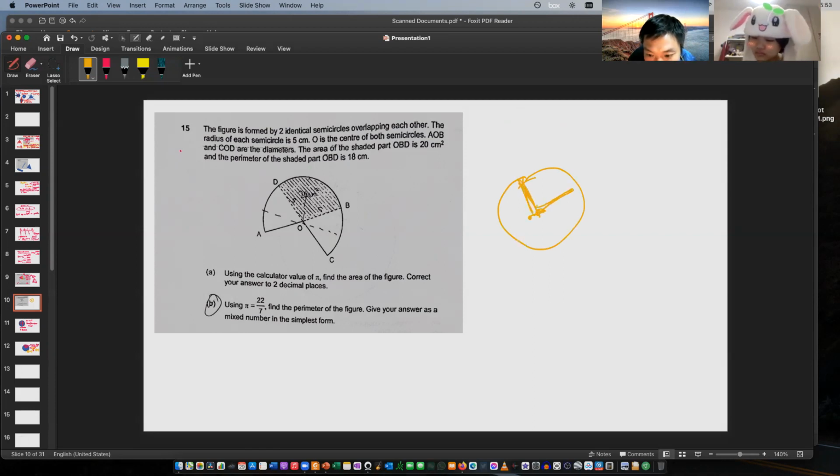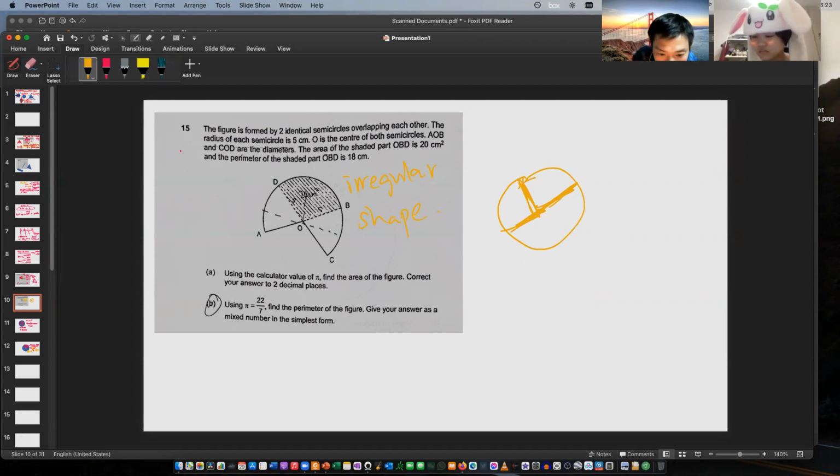But this question is an irregular shape once again. So there is no way you can dissect and find the area or perimeter of this figure, because this is an irregular shape.